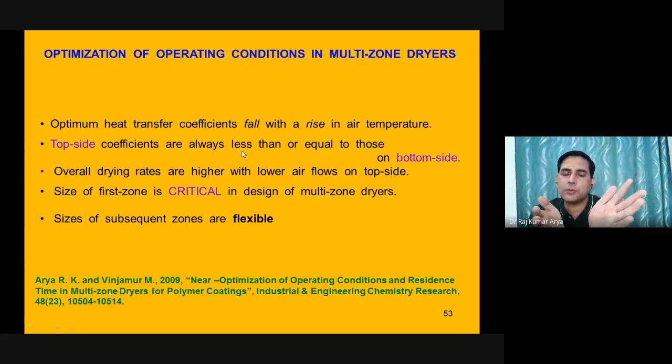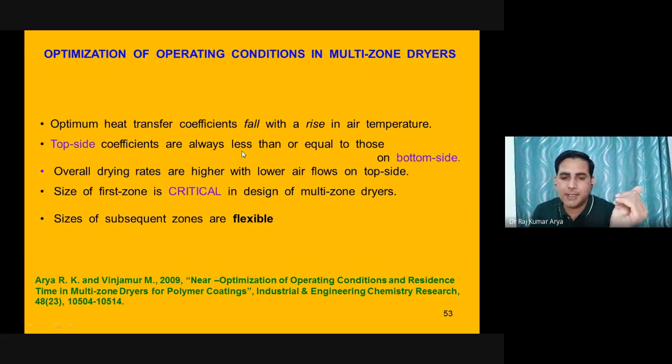Sizing of the first zone is always critical. It should not be too long or too short. It should be reasonable. In all previous cases, you got 10 seconds, wherever the total drying time was 60 seconds only. 10 by 60 is nearly 30% of that.